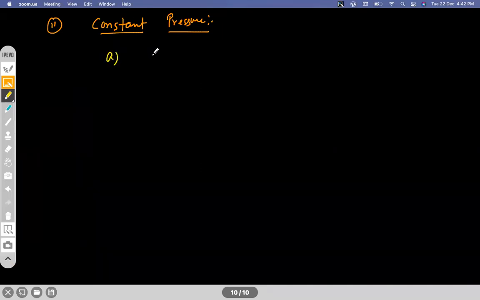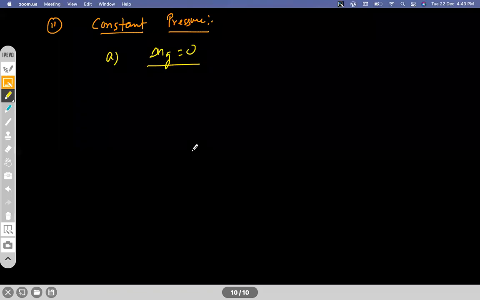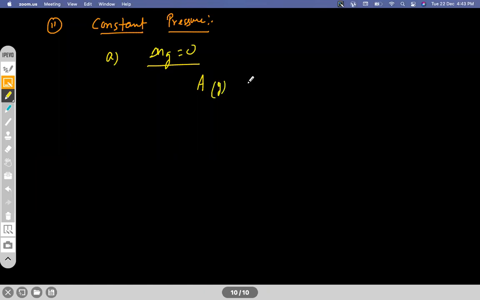A, if delta Ng equals 0. So let's assume a reaction over here, that is A gas gives B.